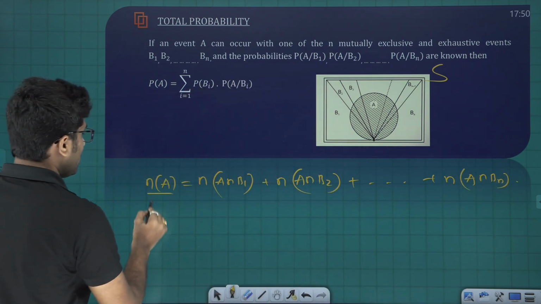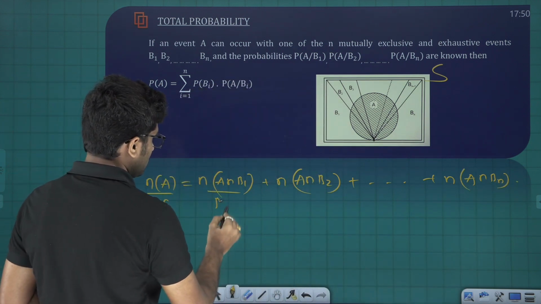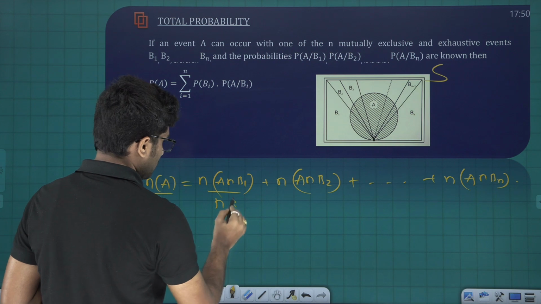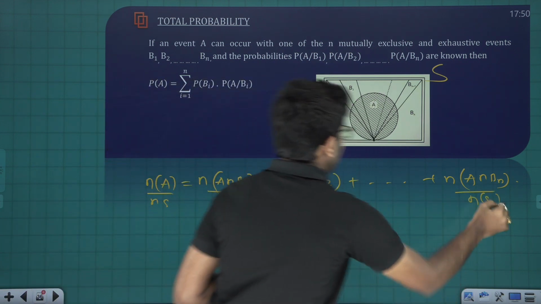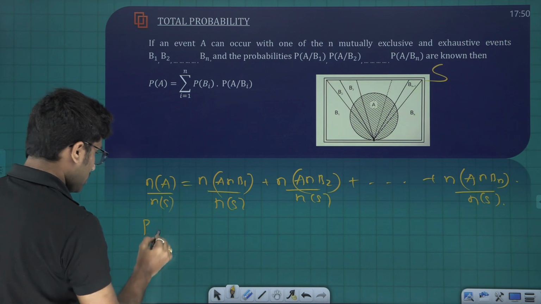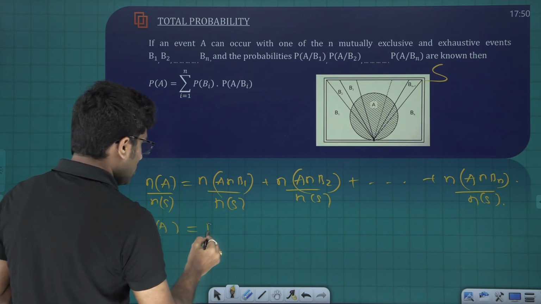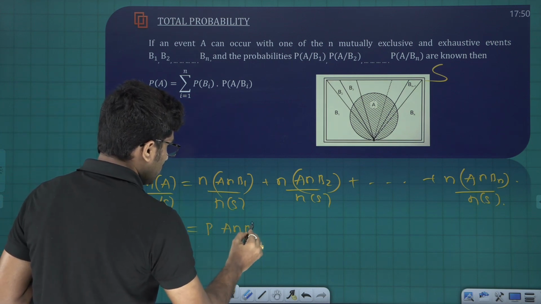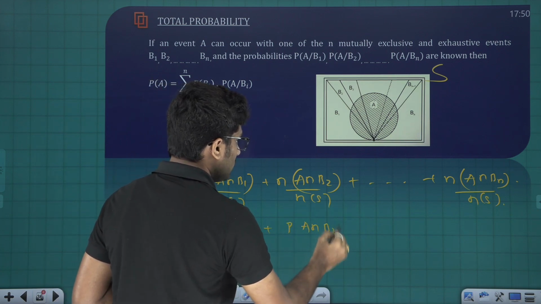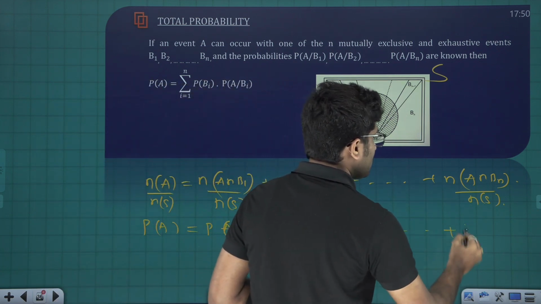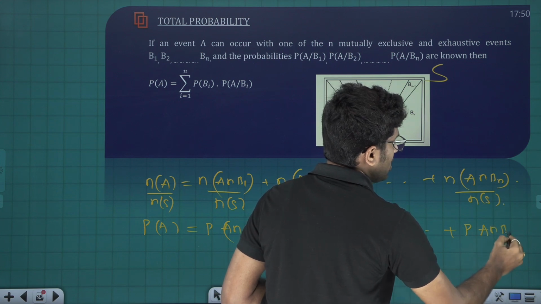Now if we divide by n of S, then P of A is equal to probability of A intersection B1 plus P of A intersection B2 plus P of A intersection Bn, friends.